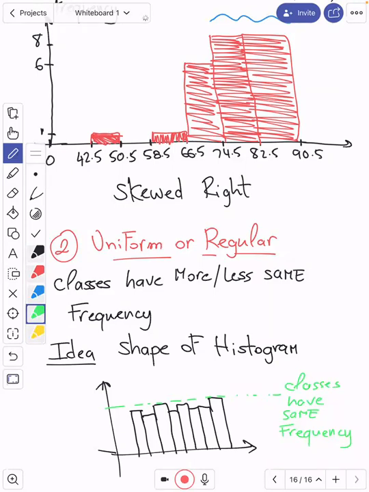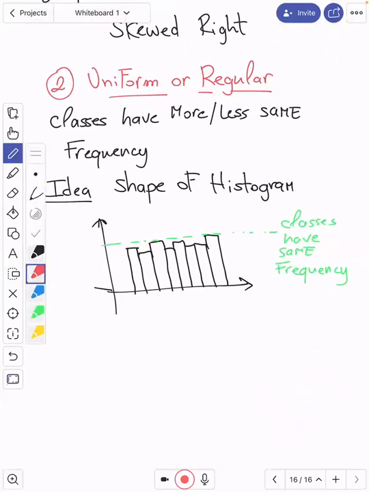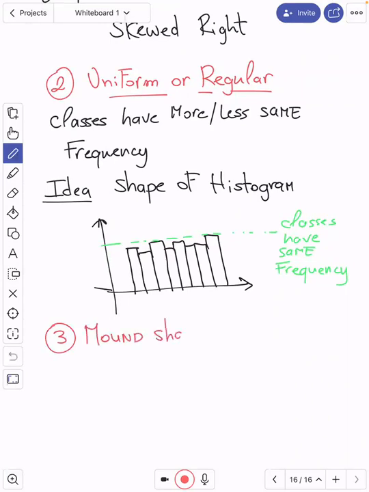So that's for uniform. And then there's the mound shape symmetrical. That will be my next term. It's called mound shape symmetrical.